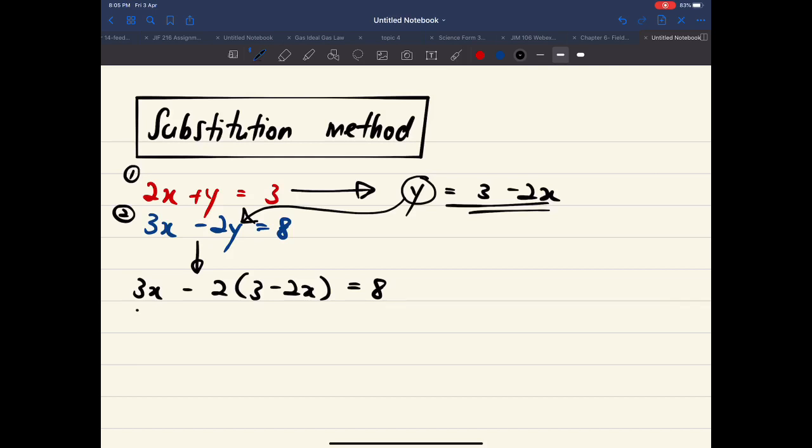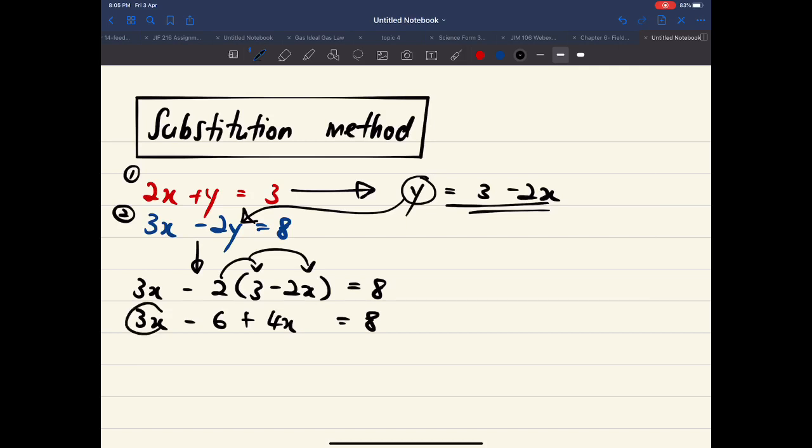Copy back 3x minus, expand this and you get 6, and then negative times negative gives positive, so positive 4x, equals 8.